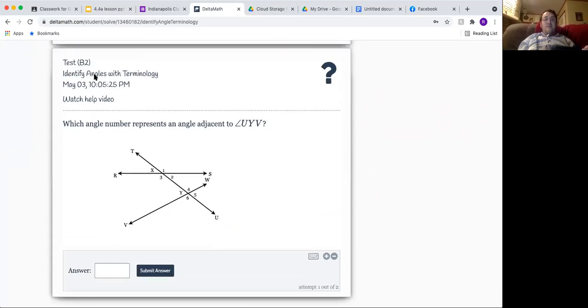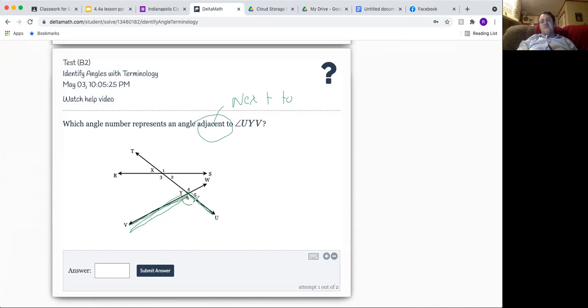All right. This says what angle number, not measurement, but number, represents the angle that is adjacent to, which means next to. That's what adjacent means. U, Y, V. What we can see here is it's asking for a number.